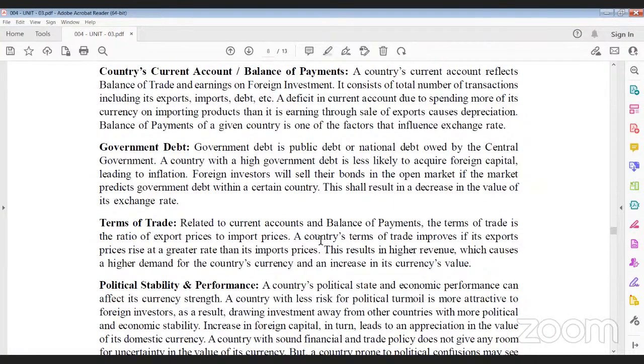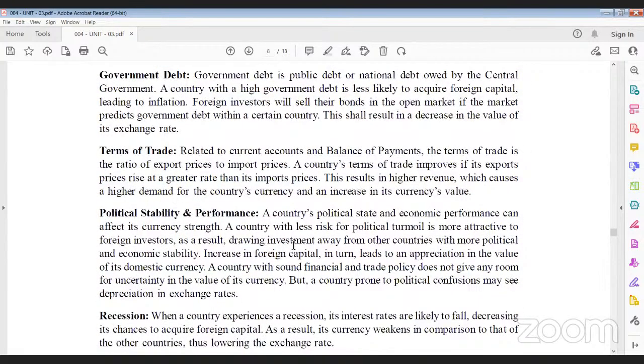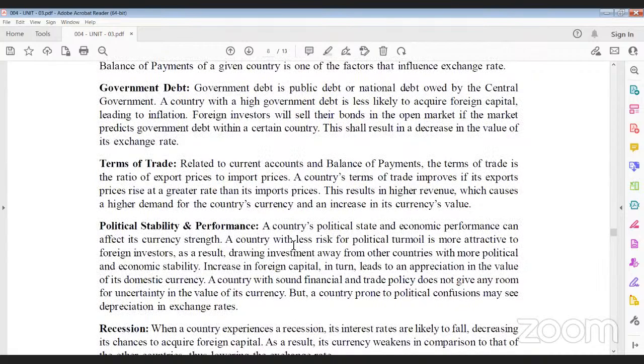Next, the major influencer is government debt. It is a public debt or national debt owned by the central government. A country with high government debt is less likely to acquire foreign capital.